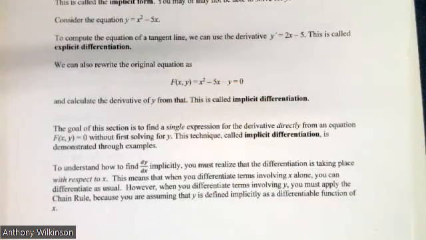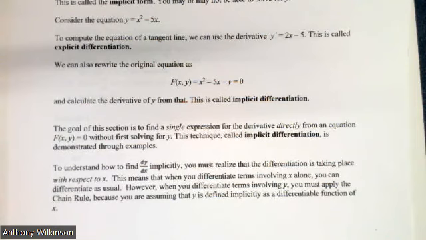So what we want to do in this section is to find a single expression for the derivative directly from an equation f of x comma y equals 0 without first solving for y. This technique, called implicit differentiation, is demonstrated through examples.